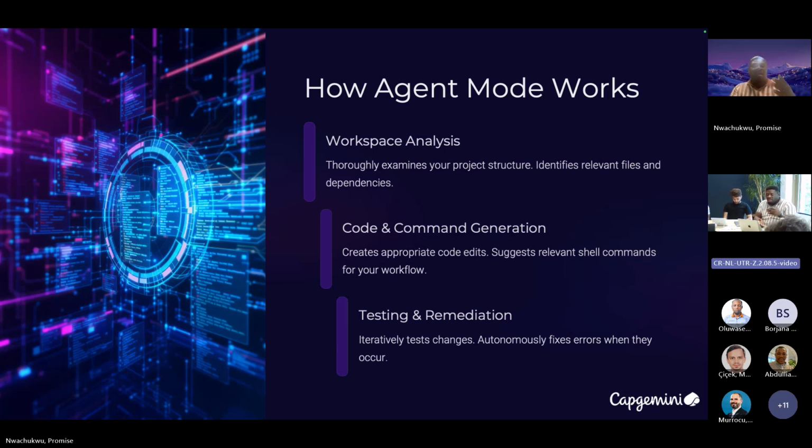Right. Now, the next thing is that it also does some kind of testing and, I would say, remediation activities. So you're building with the Copilot agent in agent mode, right? And sometimes you want to test whether what you're building is actually giving the result you want.